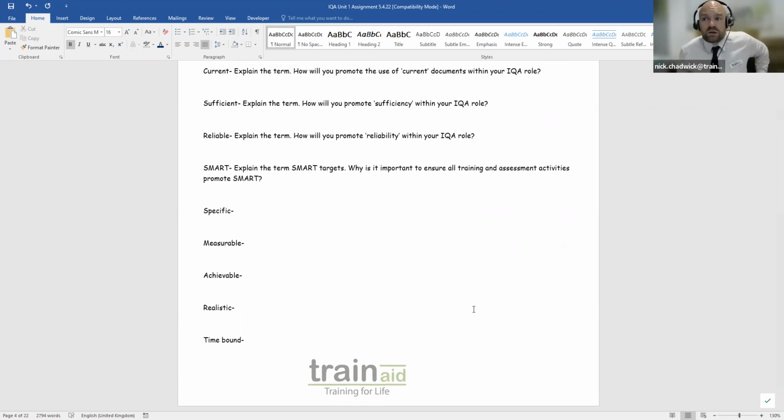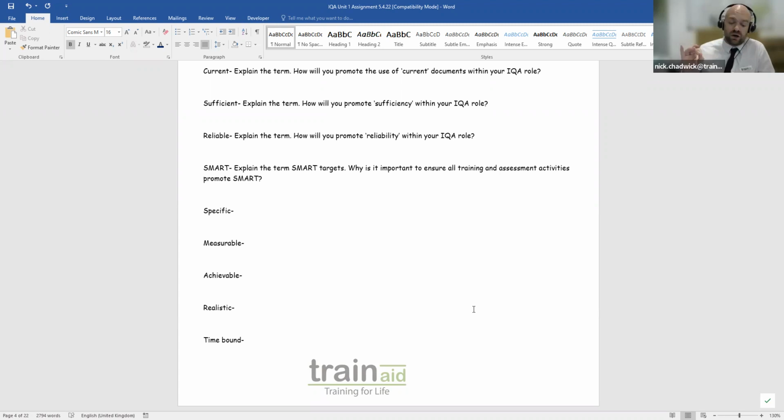So SMART targets are providing your assessors with some achievable targets, and SMART stands for specific, measurable, achievable, realistic, and time-bound. So a good hallmark of an IQA is to give direction and support to your assessors.